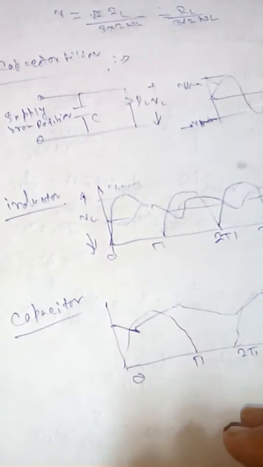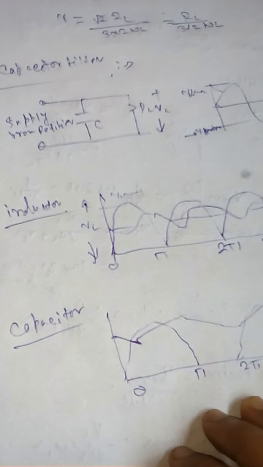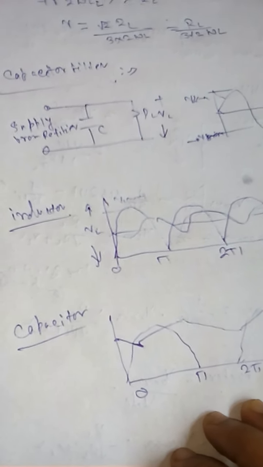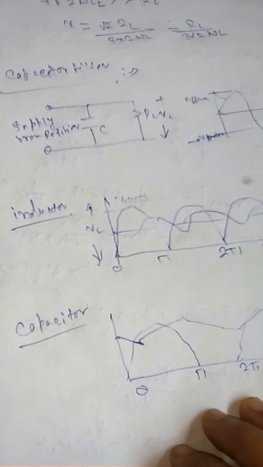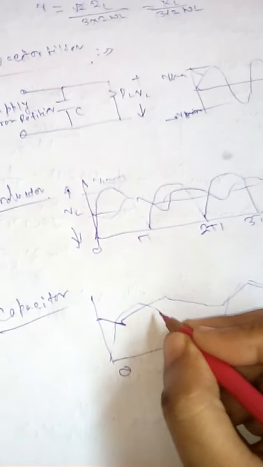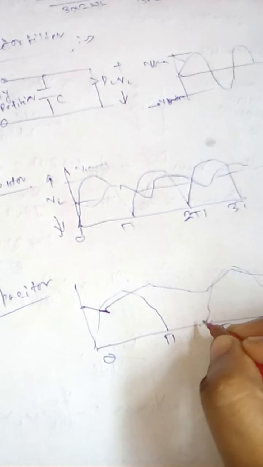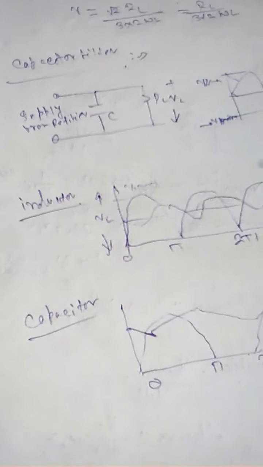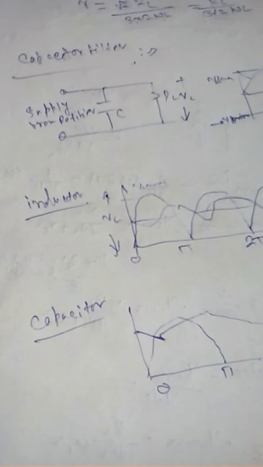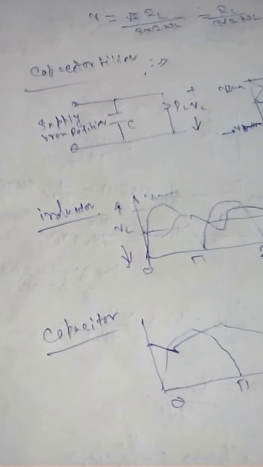In the half wave rectifier, first there will be forward bias, so we get some value, and in reverse bias we do not get any value, then again in forward bias we get the value. So first it is charging, then discharging, and we get this type of waveform.